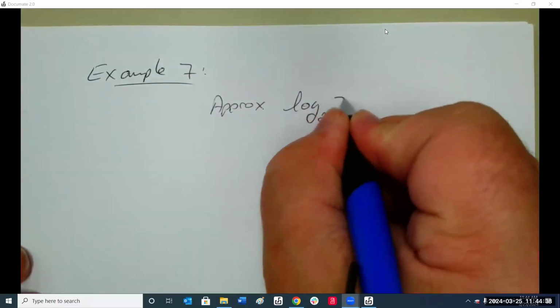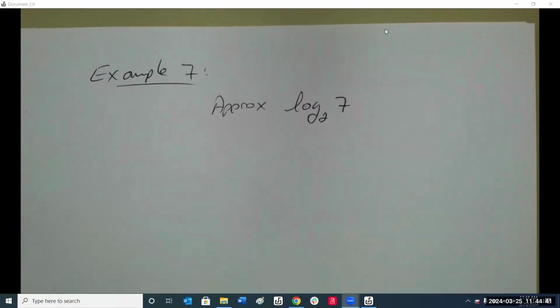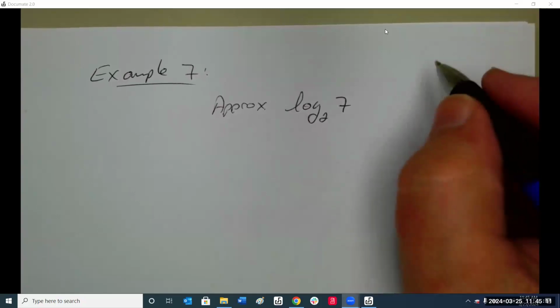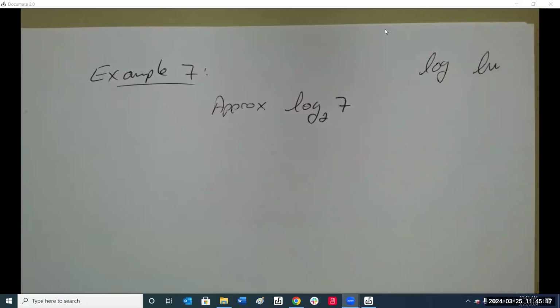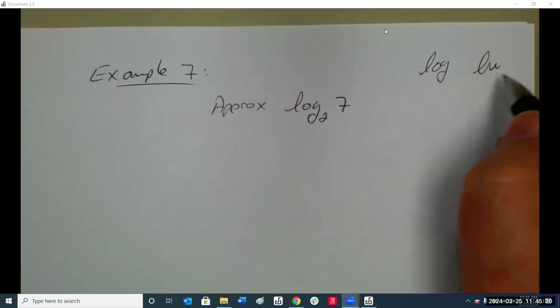Approximate that. We cannot do anything with a calculator with what we have here, because calculators and our computers only do these two operations: log base 10 or log natural.